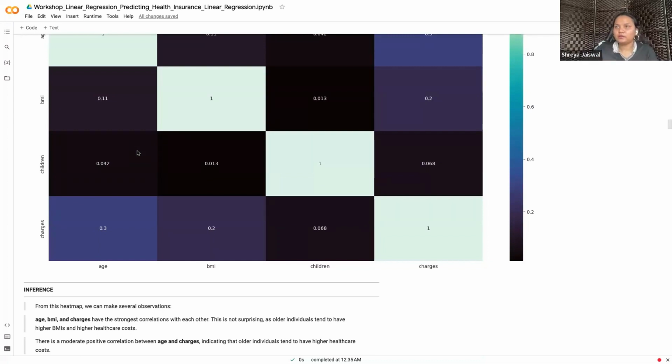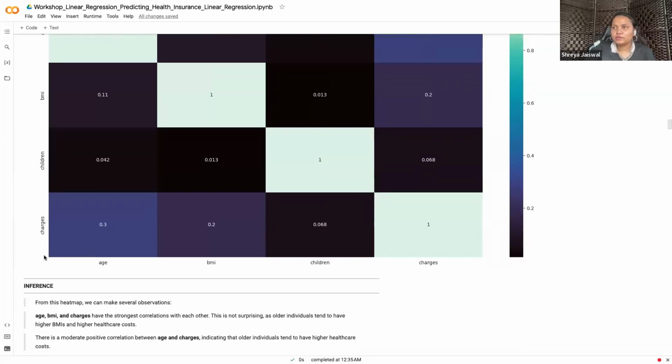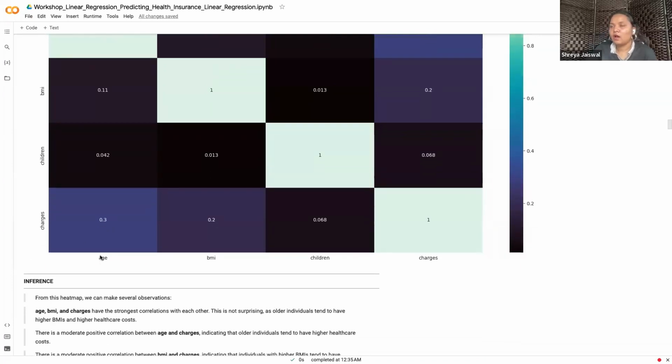For example, let's talk with the example of charges. Here, charges is my dependent variable. It is dependent on age, BMI, children, etc. But when I'm talking about the correlation, I'm trying to see how my age is correlated to the charges, and how my BMI is related to charges.